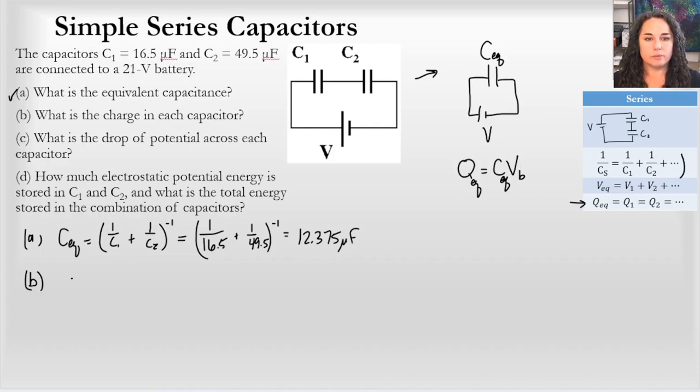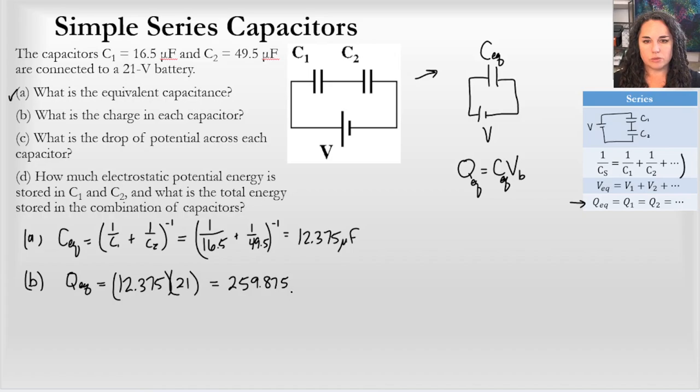Okay, so I'm going to note that Q equivalent will equal C equivalent, 12.375 times the voltage on that battery. It's a 21 volt battery. So Q equivalent is going to be 12 times 21, yeah, that's over 200, 259.875.